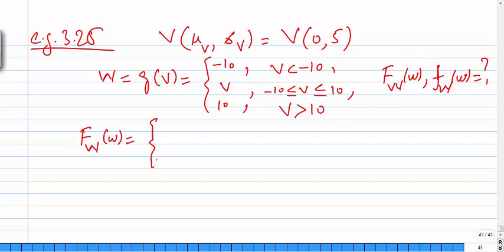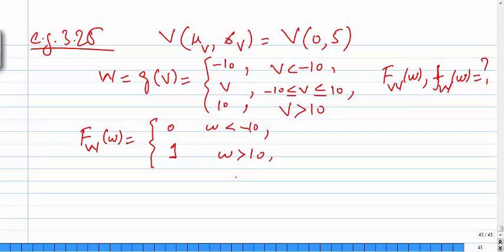We know that the CDF is 0 when w is less than minus 10, because of the limiter. And we know that when w is greater than 10, it is 1. Okay, so this is the basic idea.